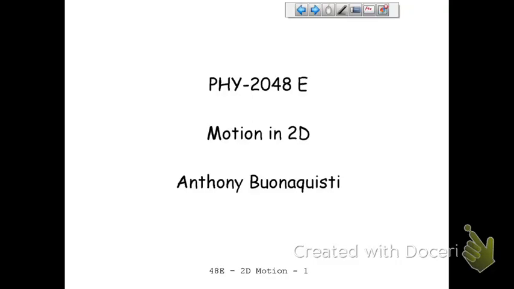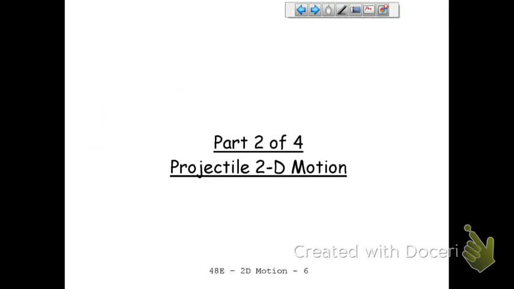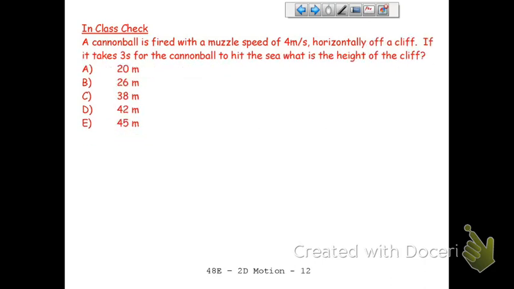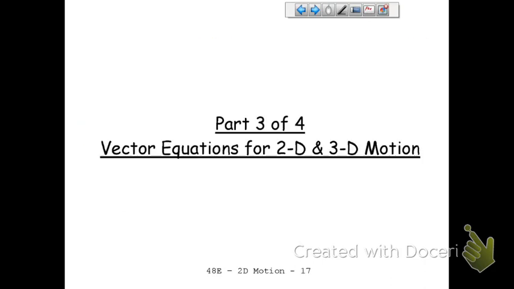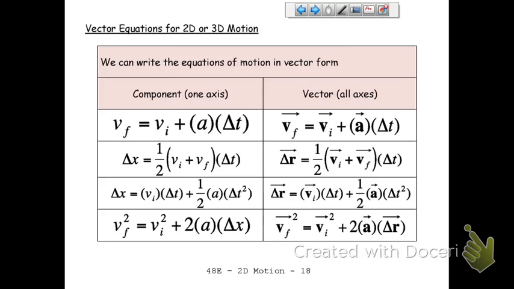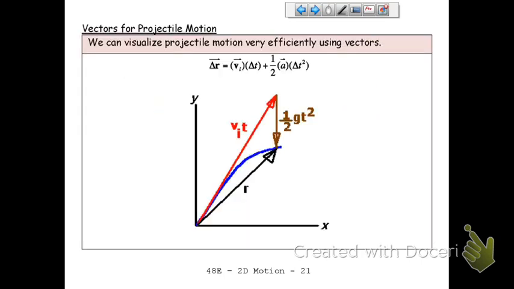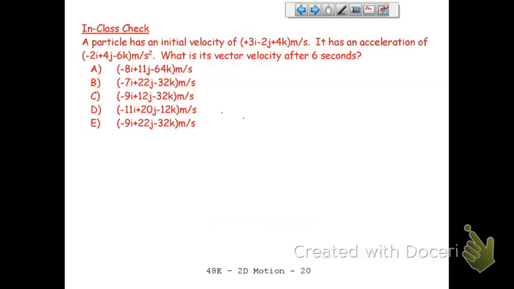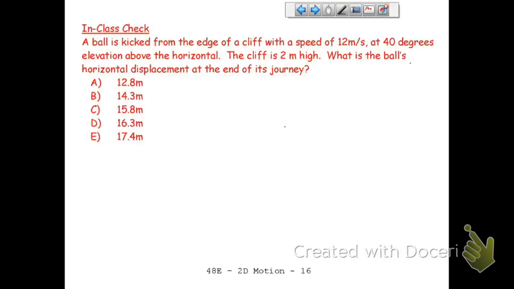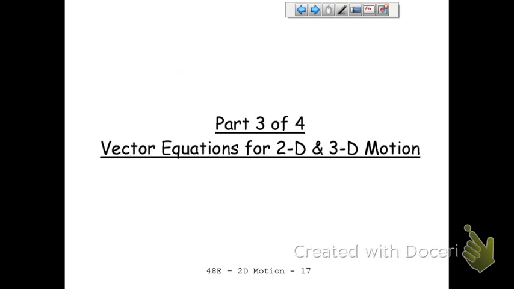So welcome. Here we are, and we're going to do the second part of this content, which is talking about vectors. We've done two-dimensional motion by combining everything on the x-axis and then combining everything on the y-axis.